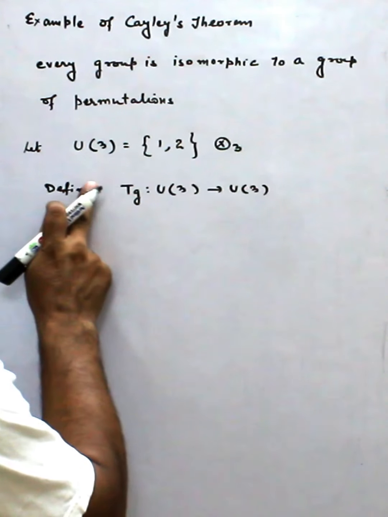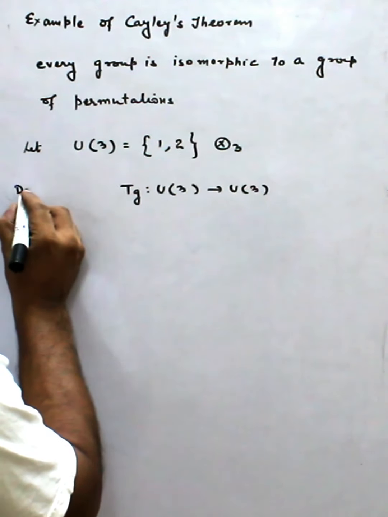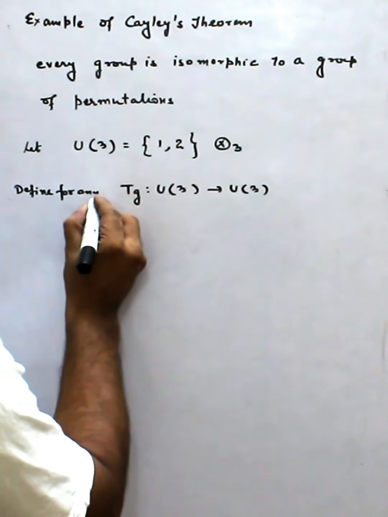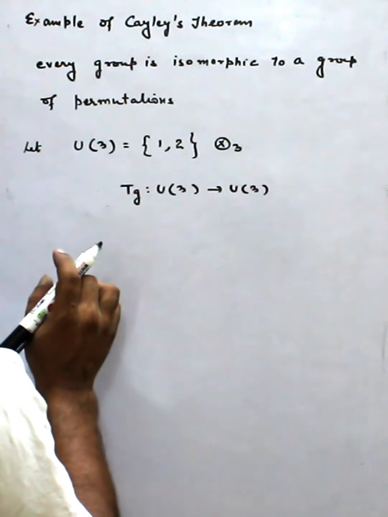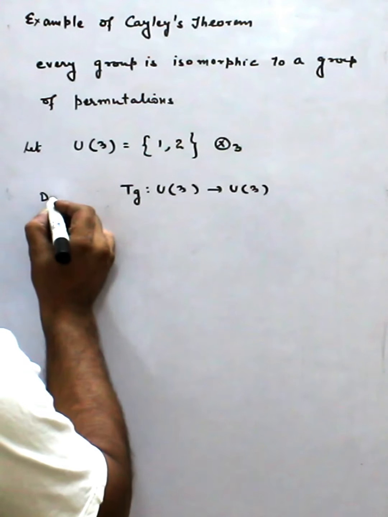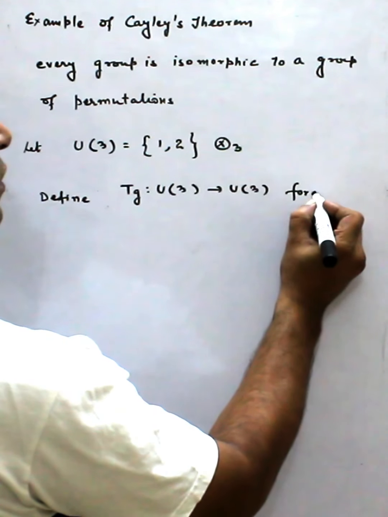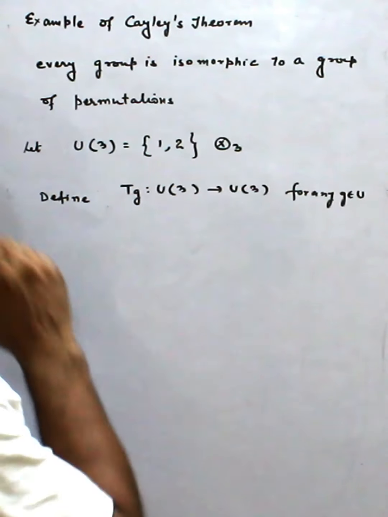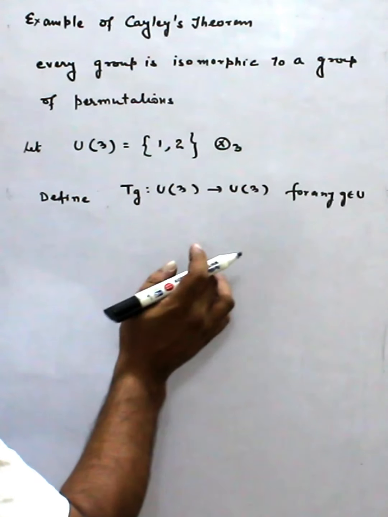So this actually I write, define for any g belonging to U3, right? So we see g can take how many values?